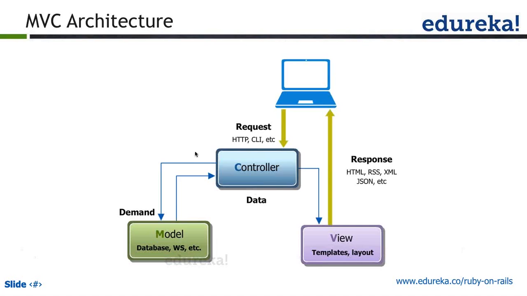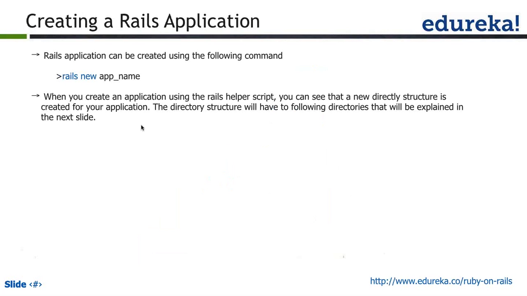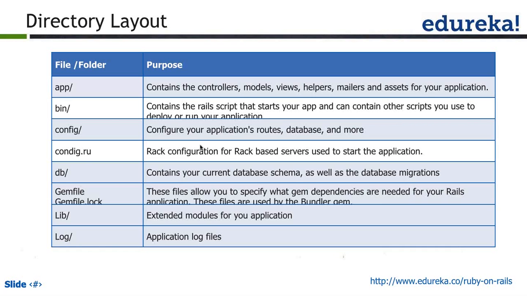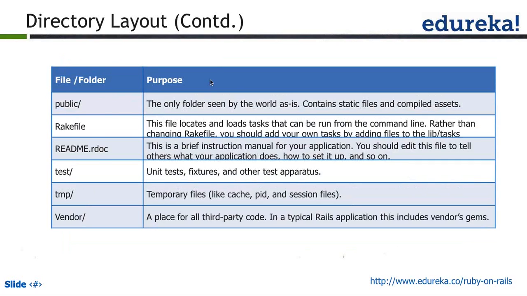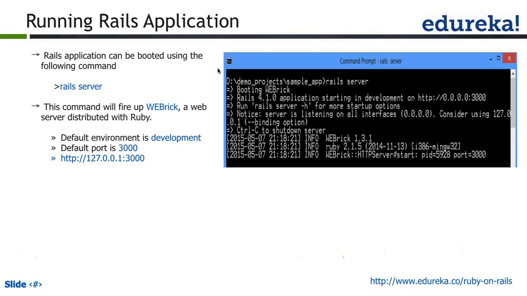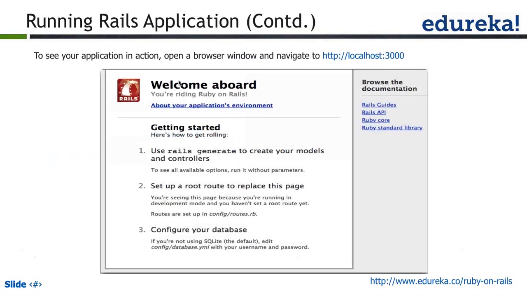Okay. Again, in the slides, you have the same steps that we have gone through mostly, right? And a description of some of the folders that we've looked at. And how to run the server.